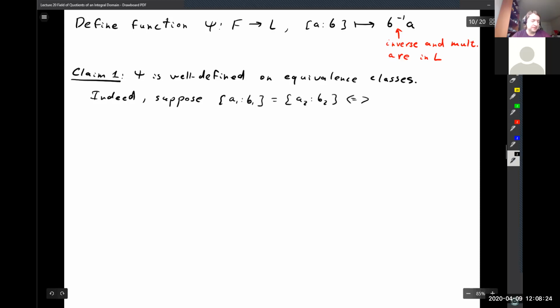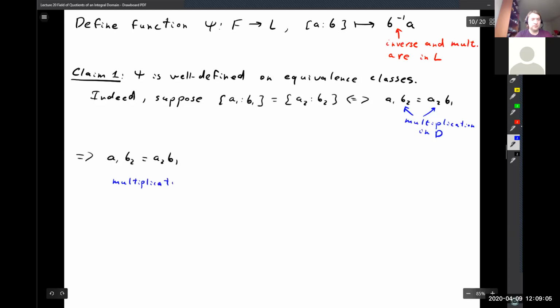So this is the same as A1 B2 equals A2 B1, which is multiplication in D. Well, because D is a subring of L, this means exactly that A1 B2 equals A2 B1, where the multiplication is in L.